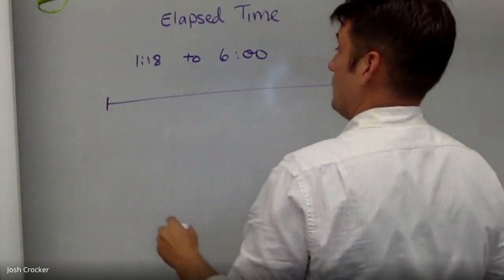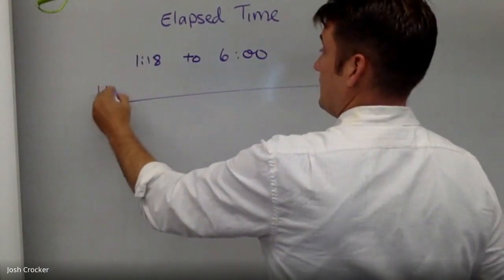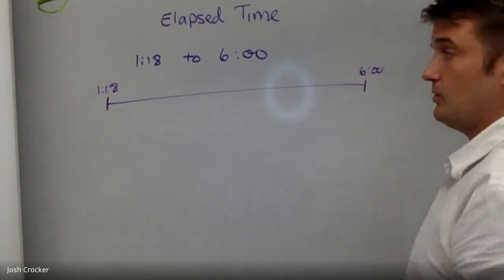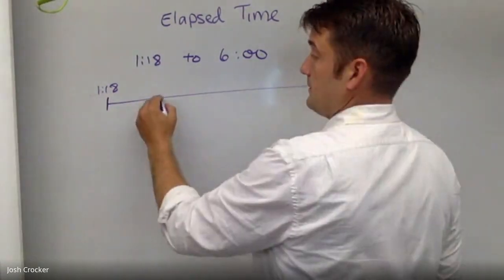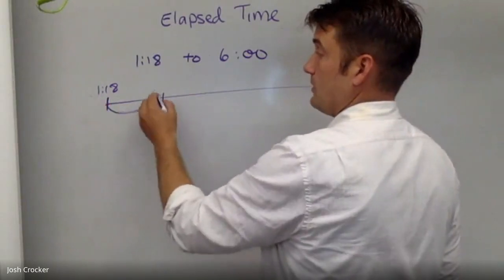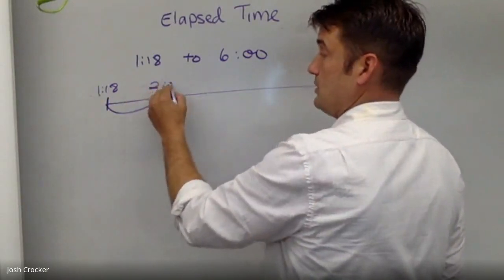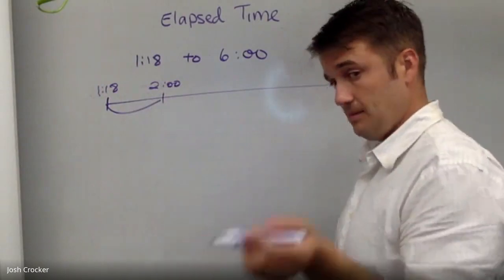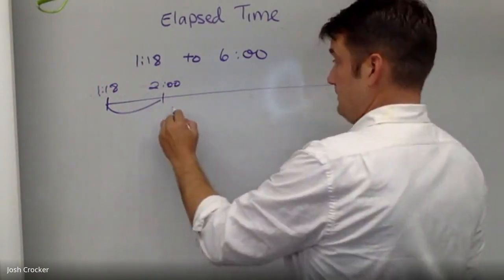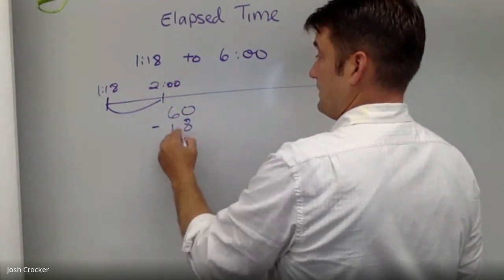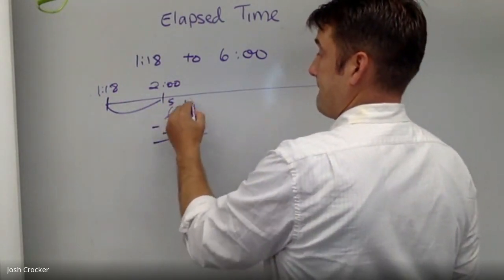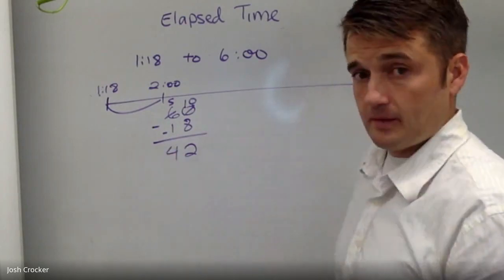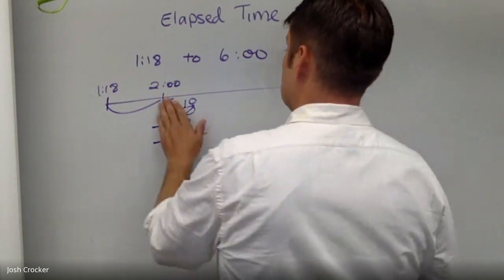Okay, 1:18 to 6 o'clock. Now I can always figure out the time to the next hour. The next hour after 1 is 2 o'clock, by just subtracting from 60. 60 minutes in an hour. 60 minus 18 is 42 minutes.